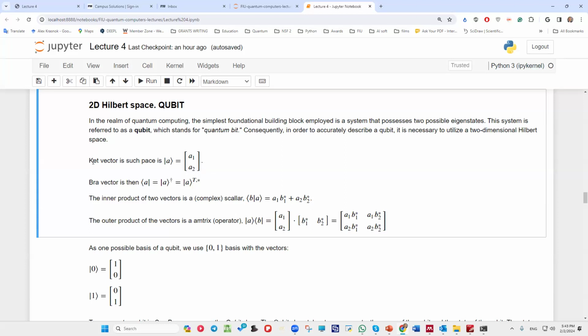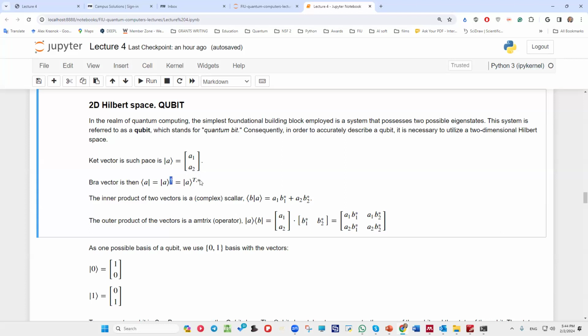First of all, we introduce the ket vector like this, in bra-ket notation. I refer to our last lecture, where we introduced all this. The ket vector is a column vector, and the bra vector is the dual vector, which I get by the Hermitian conjugation operation denoted by dagger.